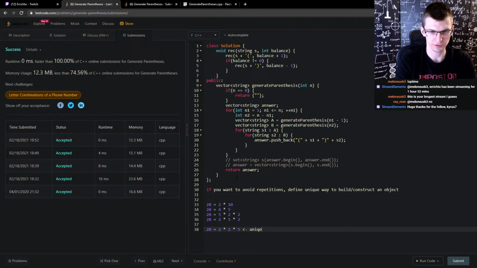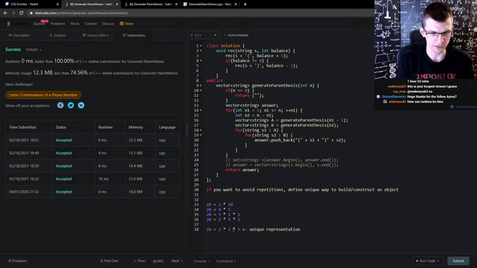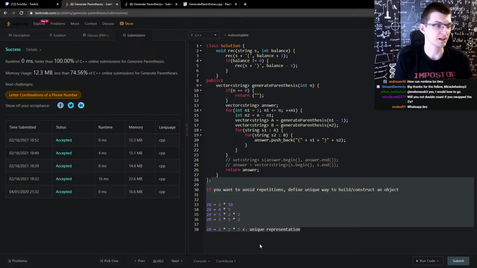This is a unique representation. So if you want to construct a number from some smaller values, then every time you need to multiply something by the next bigger prime to simulate this non-decreasing order. Not necessarily after 2 you need to multiply by 3, it's just that you need to go in increasing order. Then you will avoid double counting. So maybe that's some takeaway.